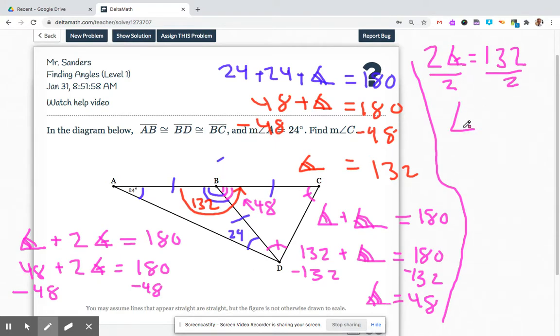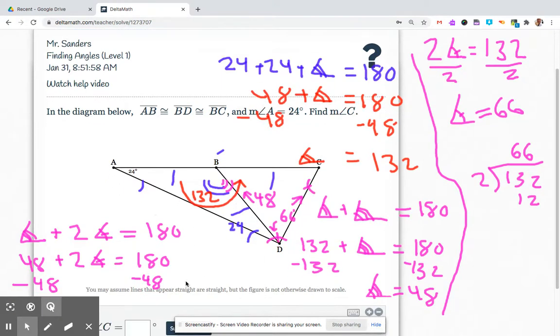Single tick angle is equal to, let's see, 2 goes into 132, 66 times. All right, single tick angle is 66. So that's our measure of angle 3, or C. I got 66. So we had to bounce around, and that's true for both of them, but that's the one we want. So 66 on this one.